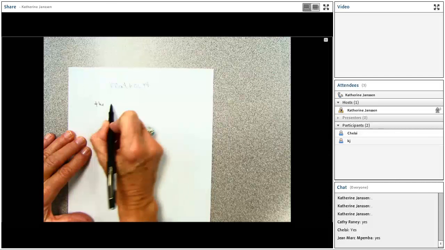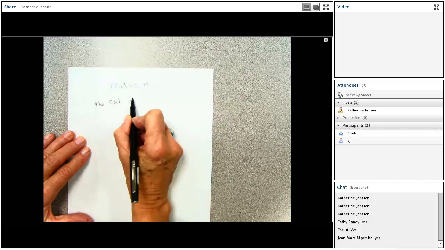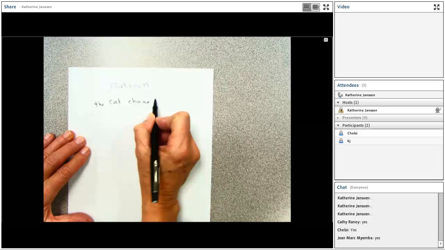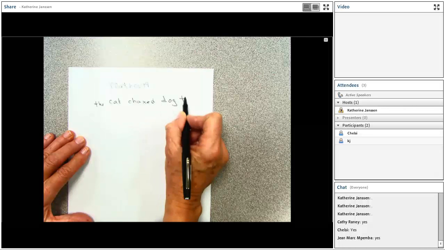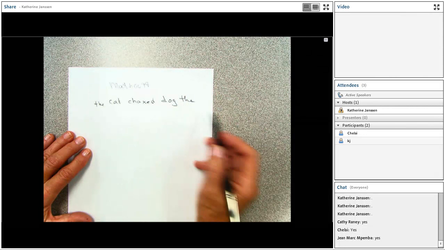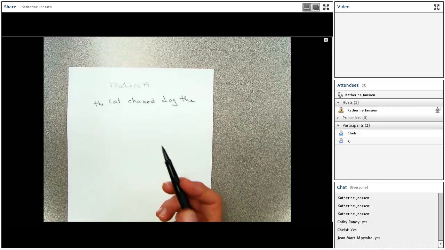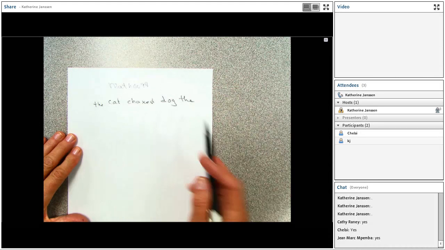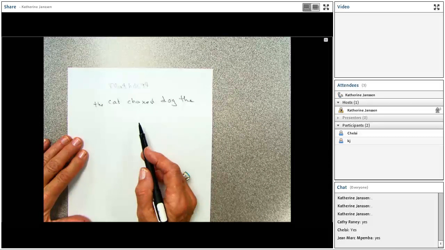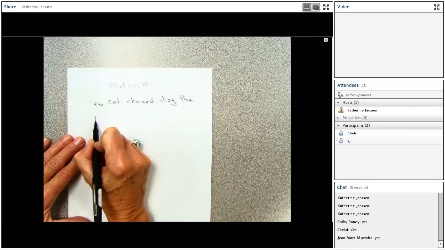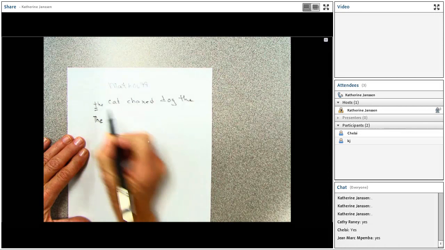Like the cat chased dog the. Well, in English grammar, we're pretty adept at knowing that this isn't quite a sentence we can understand. We would probably look for syntax errors here, like maybe "the" should be capitalized.